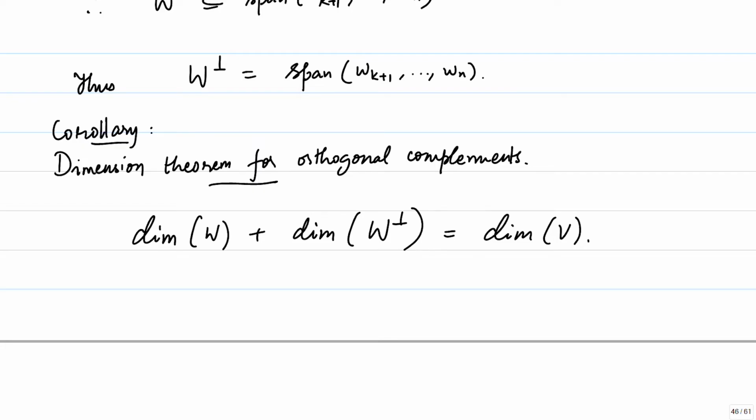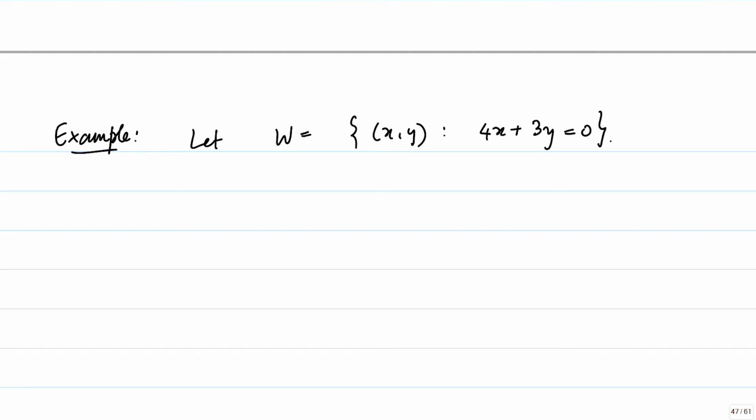Let us now look at a few examples. Let us look at an example in R2. Let w be equal to the set of all x comma y such that 4x plus 3y is equal to 0.